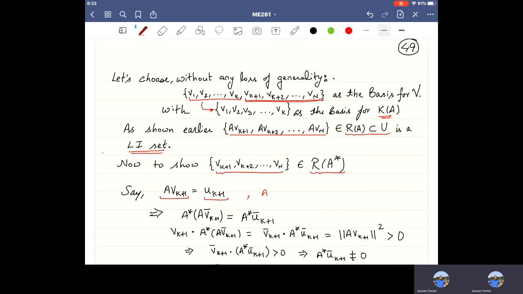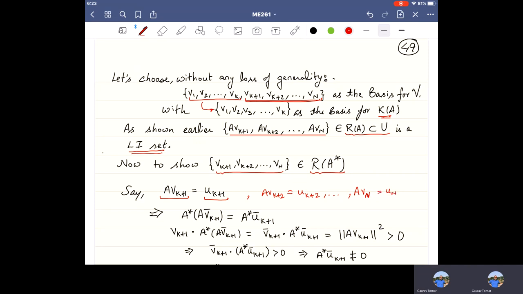Similarly, A vk plus 2 is mapped to some vector uk plus 2, and so on, till A of vn gets mapped to some vector un.